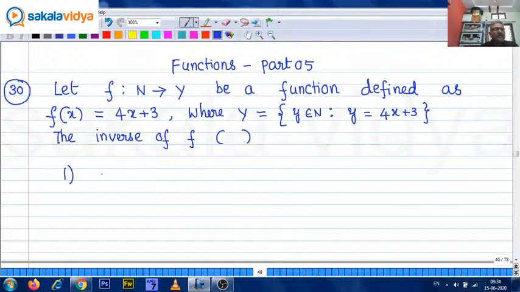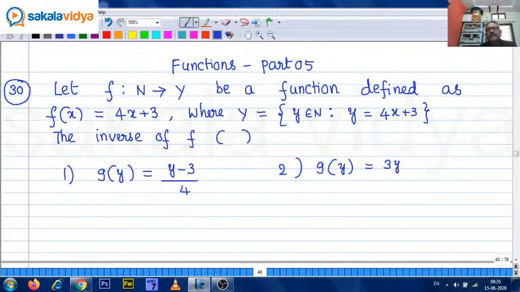First option, g of y equals y minus 3 upon 4. Second option, g of y equals 3y plus 4 upon 3.